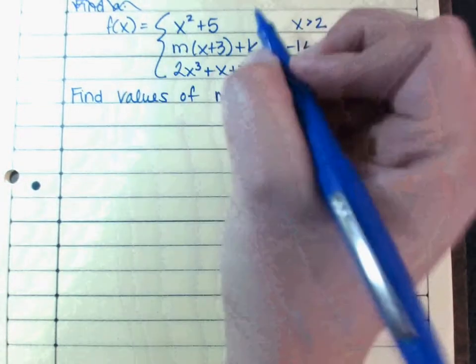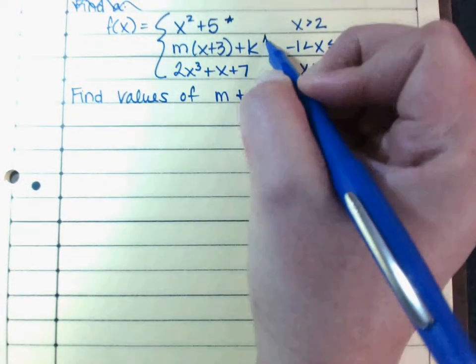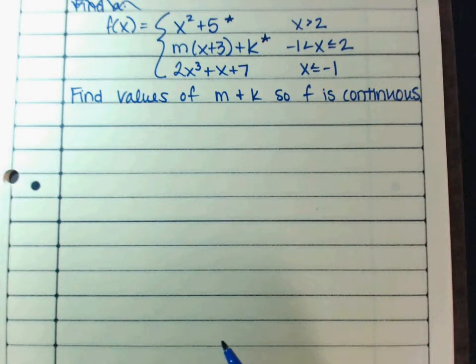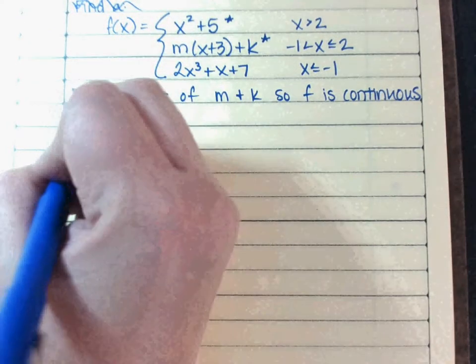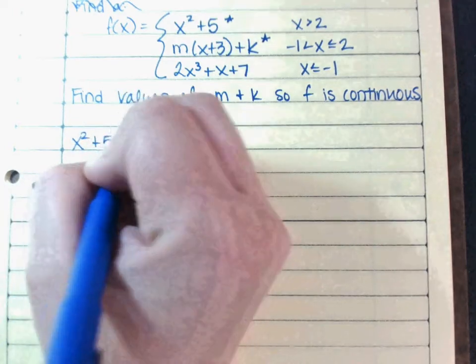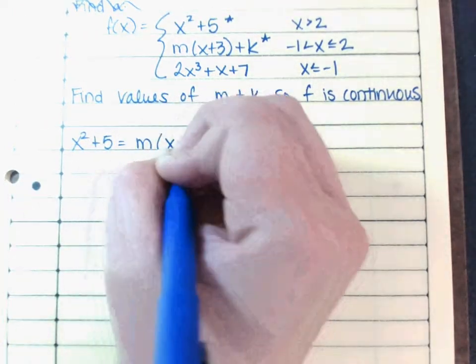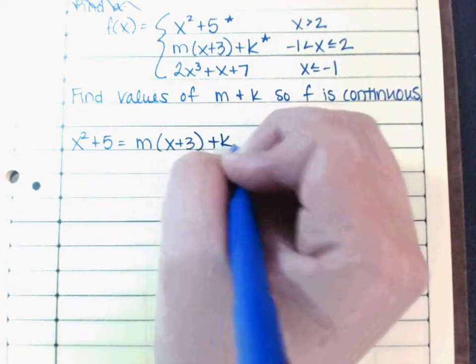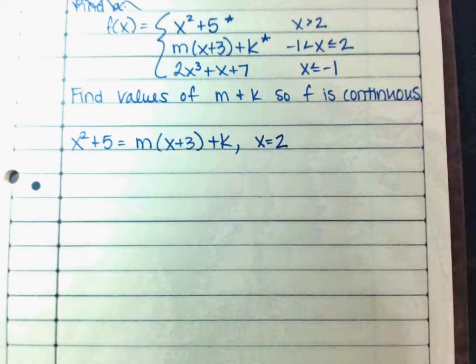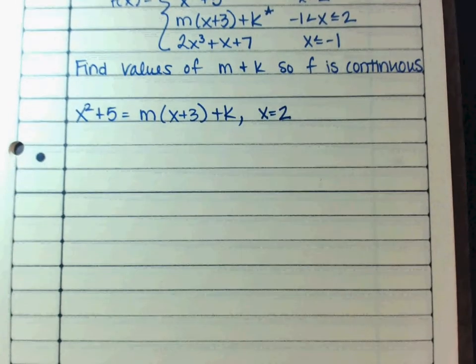So I'm going to set this one and this one equal to each other. And what is their breakpoint between the top and the middle? 2, because that's the number that they both have. So I'm going to let x squared plus 5, mx plus 3 plus k, and then I need that to happen at x equals 2.